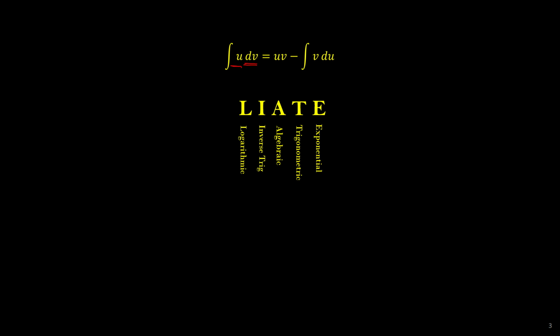Logarithmic functions like ln of x, inverse trig like sine inverse of x, arc tangent of x, algebraic like x, x to the 2, and so on. Any polynomial. Trigonometric functions like sine of x, cosine of x.